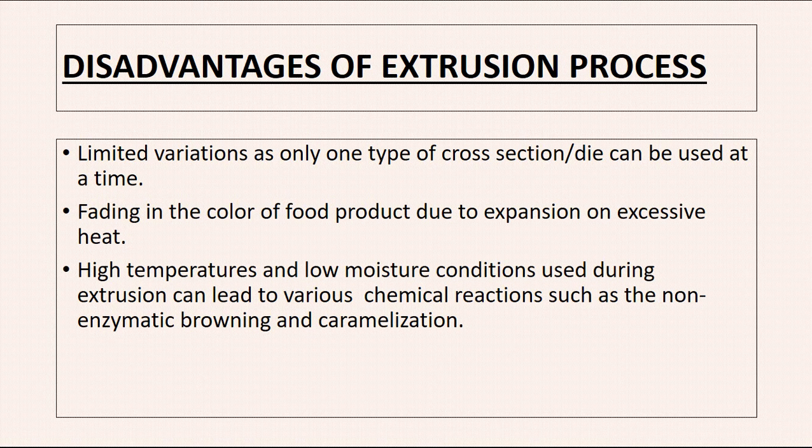Then the last point that we have here is high temperature and low moisture conditions. Those are the conditions we use during extrusion cooking. It leads to chemical reactions, for example, caramelization and enzymatic browning of a food product. So, this was our last disadvantage of the extrusion process.